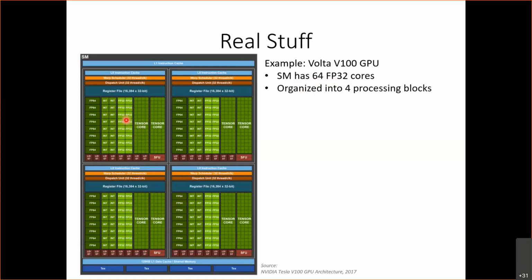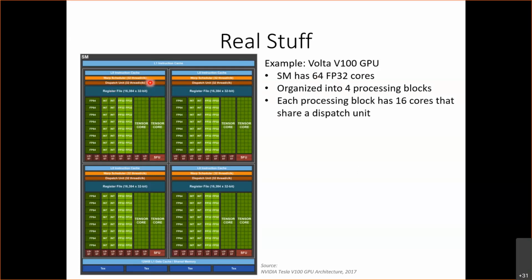But these 64 cores are organized into 4 processing blocks, where each processing block has 16 cores. Each of these 16 cores, in addition to the 16 integer cores and the tensor cores, all share one instruction dispatch unit and one register file.